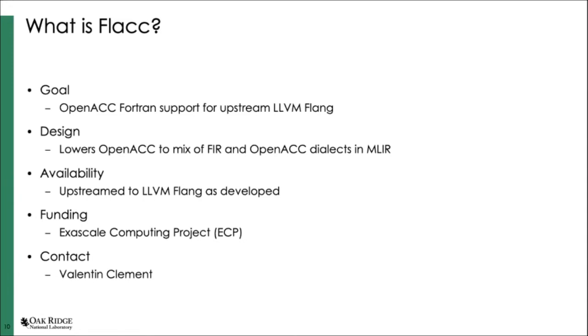Instead, it lowers OpenACC to a mix of the FIR dialect and the OpenACC dialect in MLIR. I'll talk more about that in a moment. Moreover, Flacc is upstreamed as it's developed, whereas Clacc's OpenACC support has only just begun to be upstreamed. I've not worked directly on the Flacc project. Please feel free to reach out to Valentine for detailed questions.